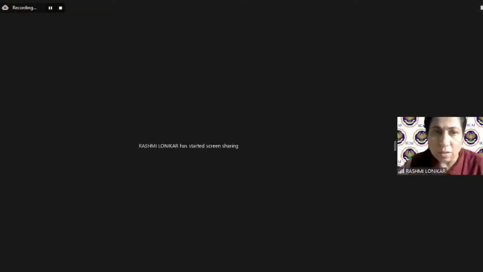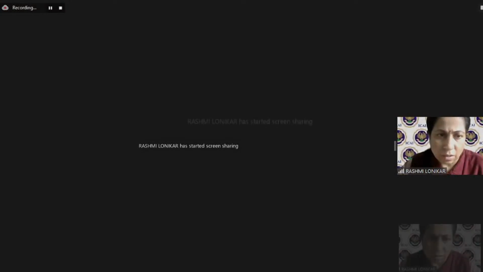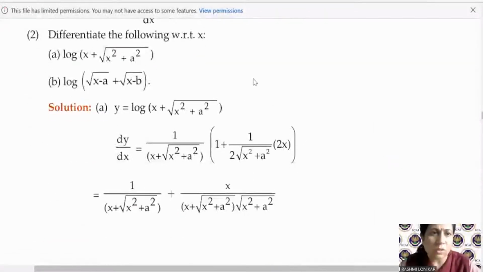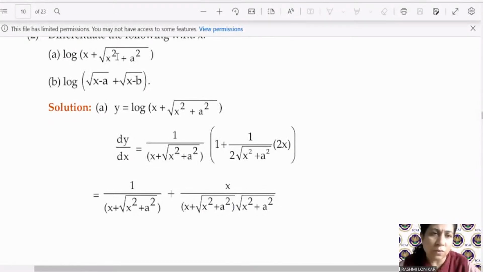Sorry, I forgot to share the screen. She is asking this question, log of x plus square root of x square plus a square, that is again under the square root.